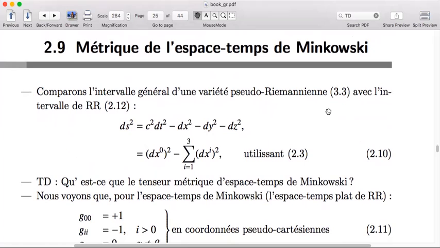When the space-time is flat, there can be regions in a curved manifold where you have a flat region.